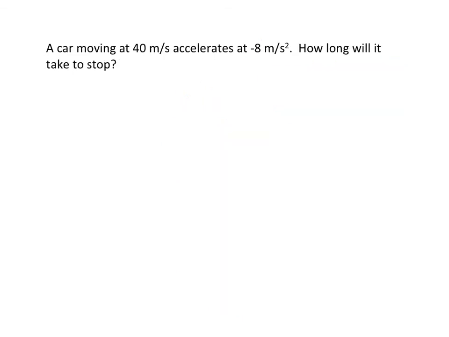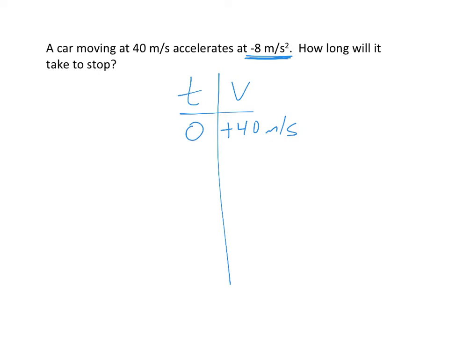Let's look at another. Here's a car moving at 40 meters per second, and it accelerates at -8 meters per second. So let's look at that as a chart. Time now 0, its velocity is 40. And if it's accelerating at -8 meters per second squared, that means its velocity changes by -8 meters per second every second. So 1 second later, it's going 32.